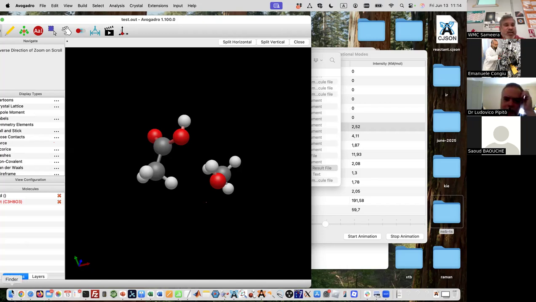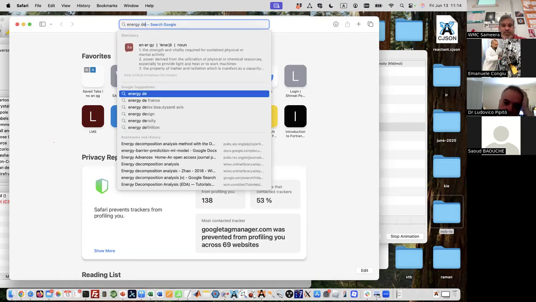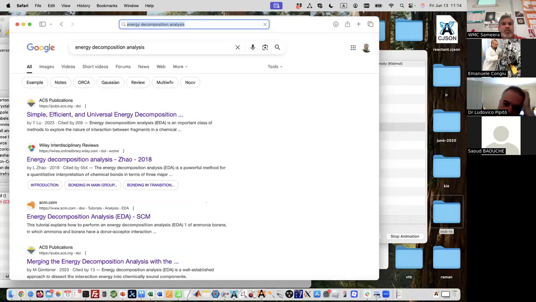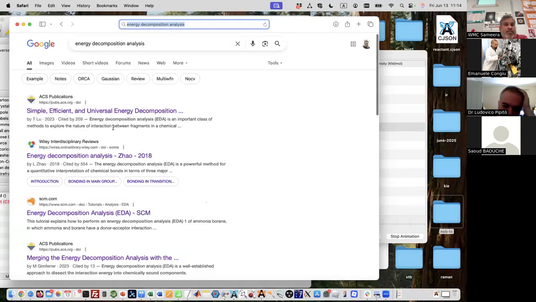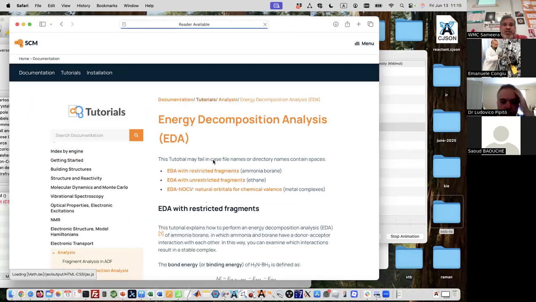I can find it, which is called the energy decomposition analysis. So you can do energy decomposition analysis.